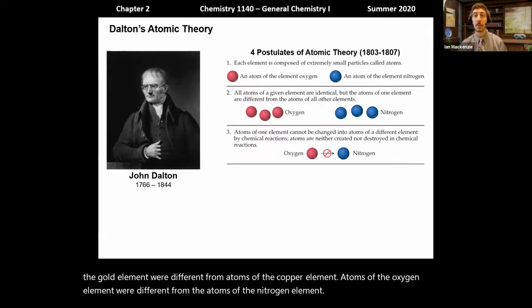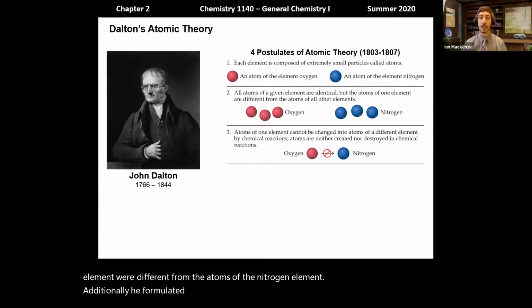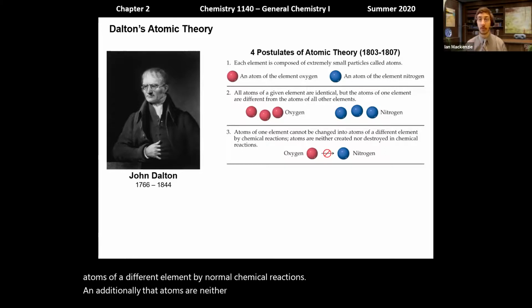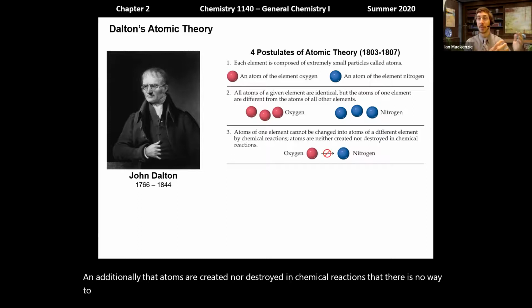Additionally, he formulated this proposal that atoms of one element cannot be changed into atoms of a different element by normal chemical reactions. And additionally, that atoms are neither created nor destroyed in chemical reactions, that there is no way to just form a new atom or destroy an atom during normal chemical reactions.